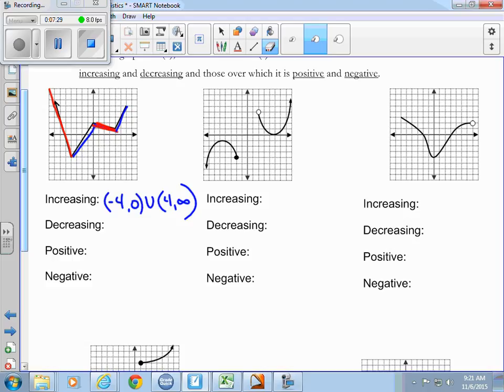So 4 to 6. Any questions about that? And then decreasing from negative infinity to negative 4, and 0 to 4.